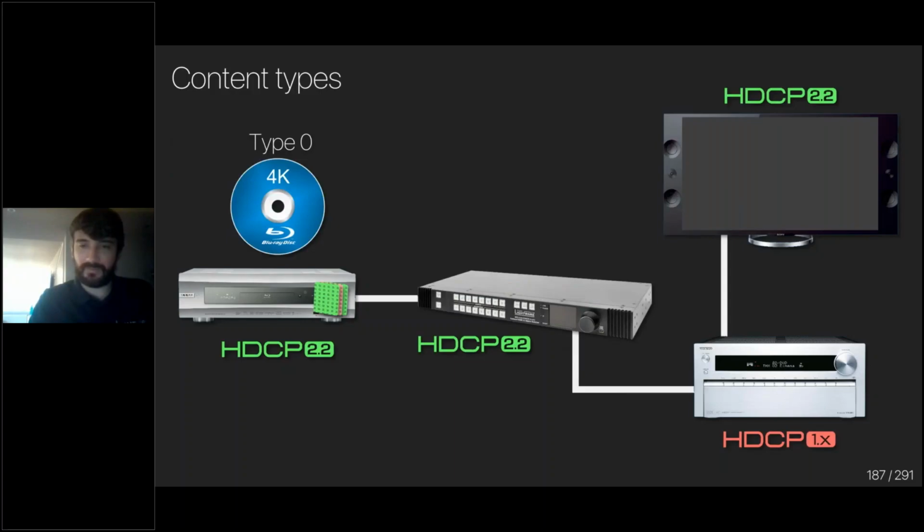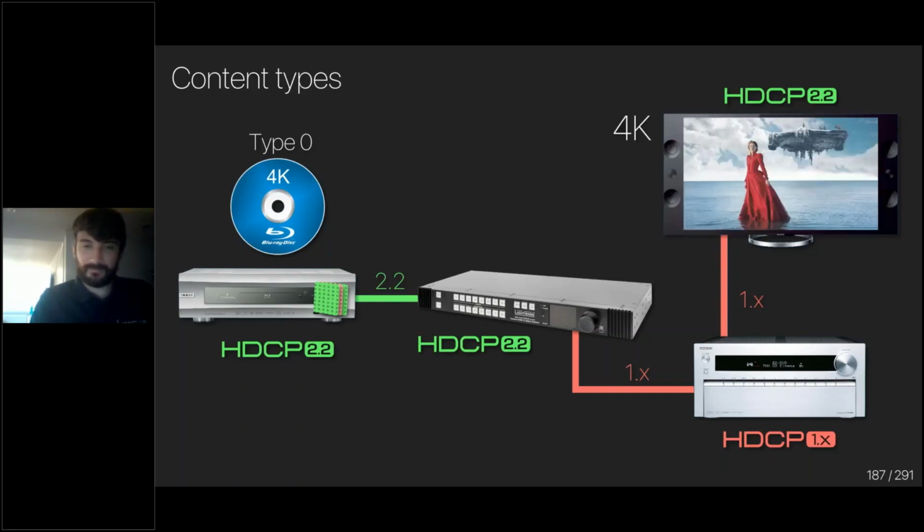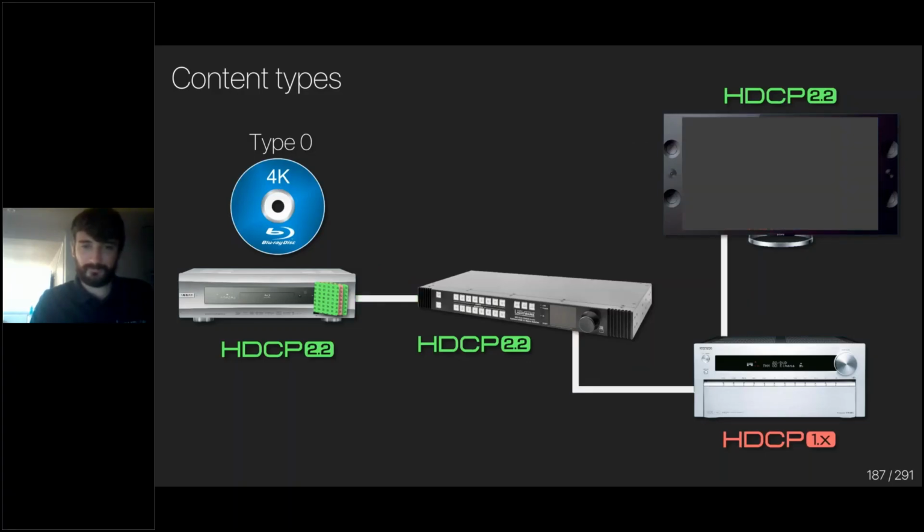If we insert a type 0 disc, each link performs its handshake, and we use the highest version possible. So it's really the AV receiver that's bringing it down to 1.4. And at the moment, this is fine because we're using type 0, and we can get 4K through to the display.